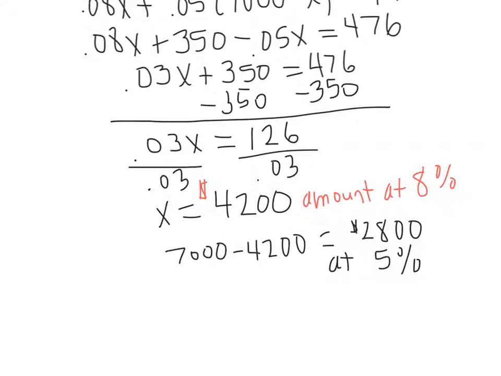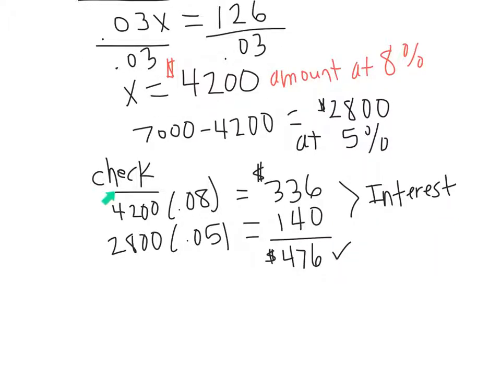Add those amounts together to see if it adds to the total interest of 476. When you're doing your homework, you don't have to do the check, but this makes things make sense at the end. The $4,200 at 8% for 1 year, so I'm multiplying it by 1, would be $336 interest. 2,800 times 5% for 1 year is $140 interest, and that adds to the $476 total interest.